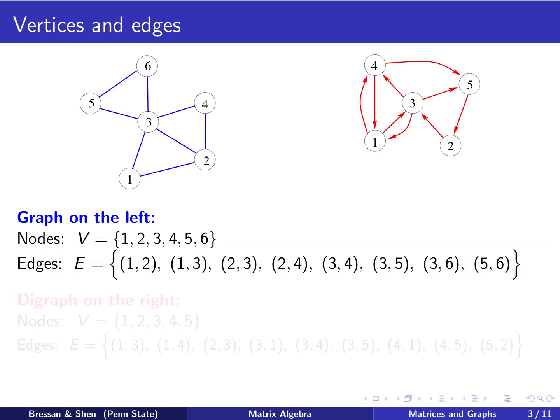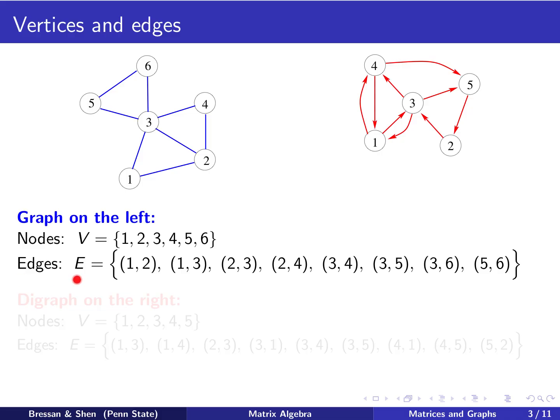We can also represent a graph by specifying the nodes and the edges. For example, for this one on the left, we can collect all the nodes in the set V, and we see that they are just 1, 2, 3, 4, 5, 6. There are 6 nodes, and we number them. And then one can collect all the edges.